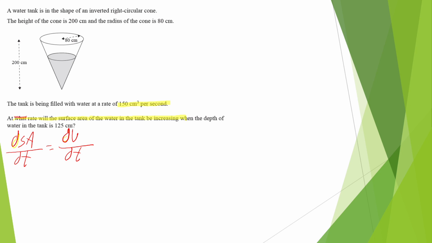The surface area of the cone is SA equals pi r times the slant line, l. And the volume of a cone, we all know, is one third pi, also on your formula sheet.